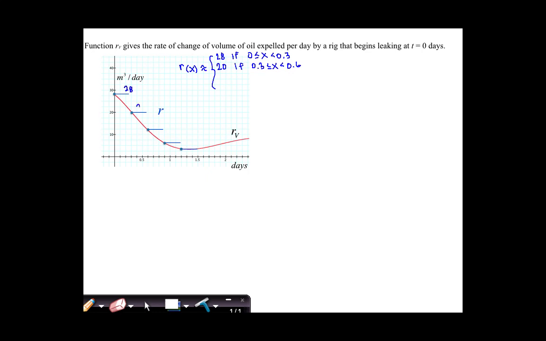This is about 20. And for each of these pieces, I'm pretending that this blue graph is what my rate graph is. It's an estimate. It's a poor estimate, but it's an estimate that we can at least see. It's not microscopic little intervals. So this next interval, between 0.6 and 0.9, looks like it's about at, what, 12 or so?